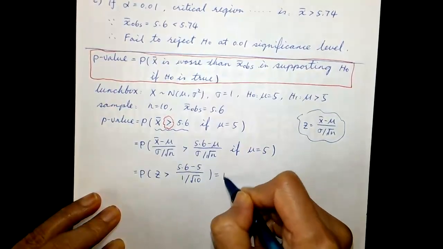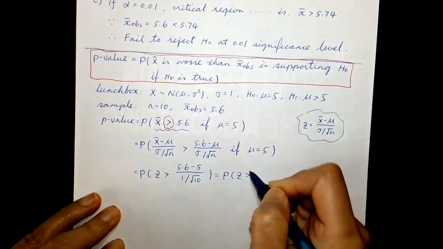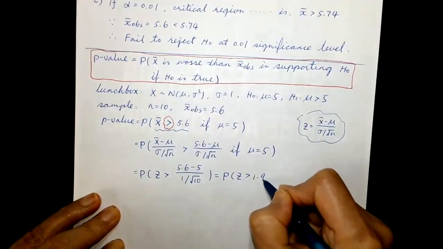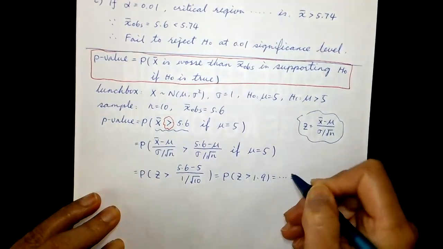Also, sigma over root n. So I have a Z greater than 1.9.